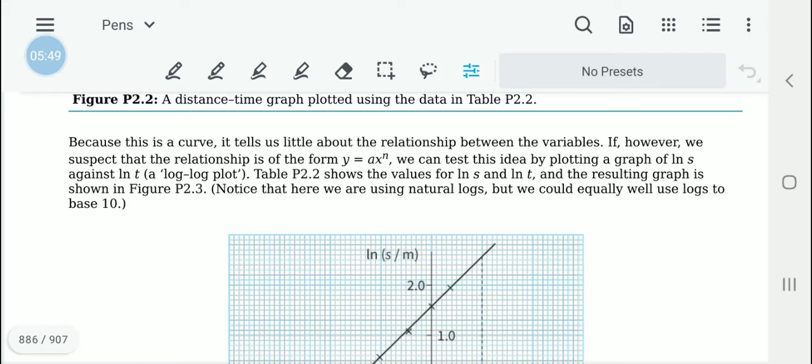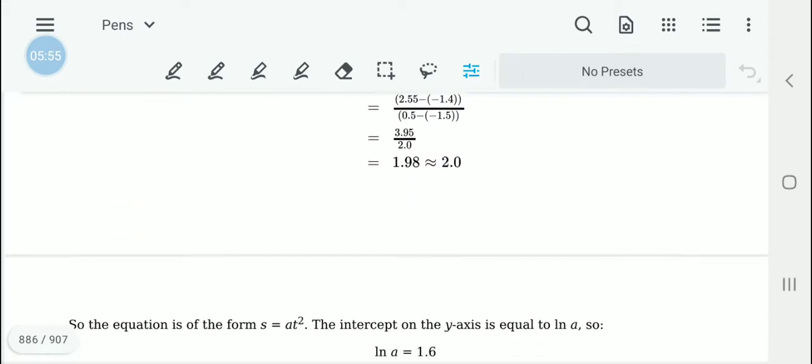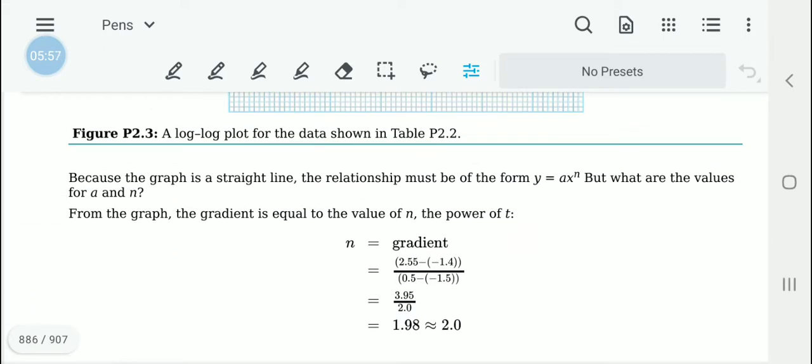You can actually use base 10 as well, and you get the same results. Now, because this is a straight line, we have figured out that it is y equals a x to the power n. So then we need to understand the values of a and n.